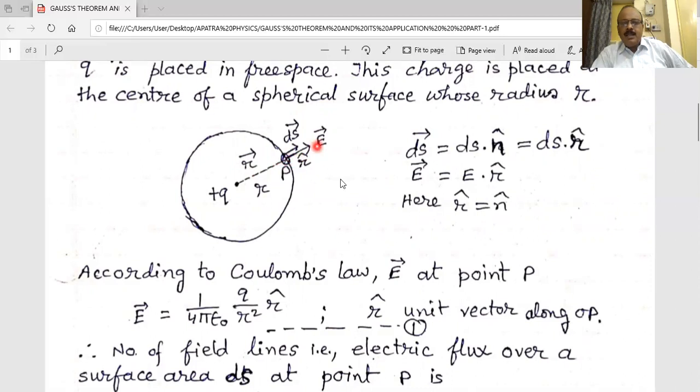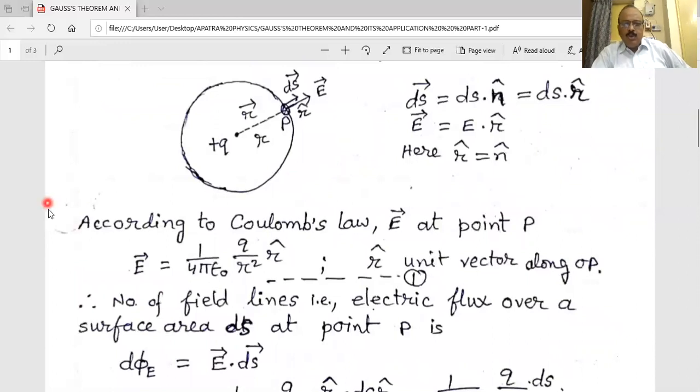The E vector is radially outwards, and the ds vector is also radially outwards. The ds vector is ds times n cap. n cap is the normal to the surface, and that is obviously along the direction of the r vector. Therefore, we can say the r vector and n cap vector are the same.